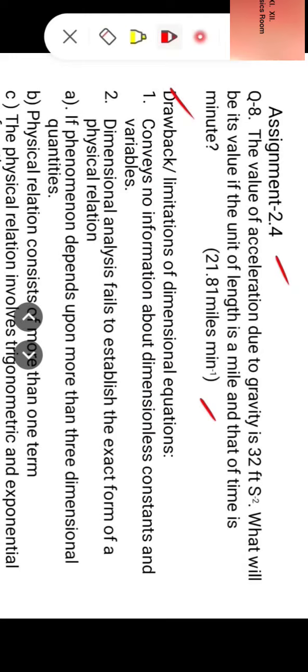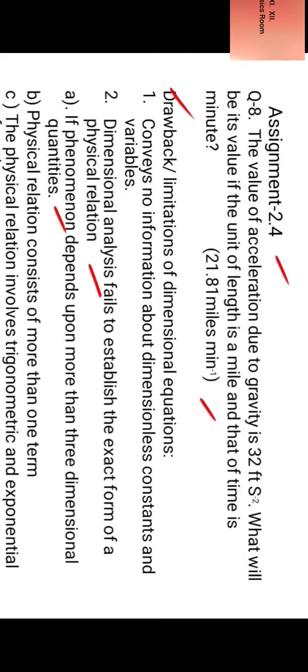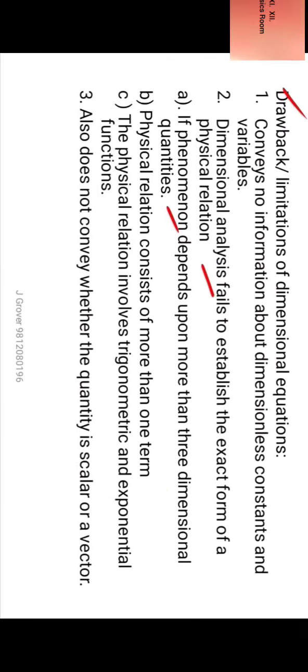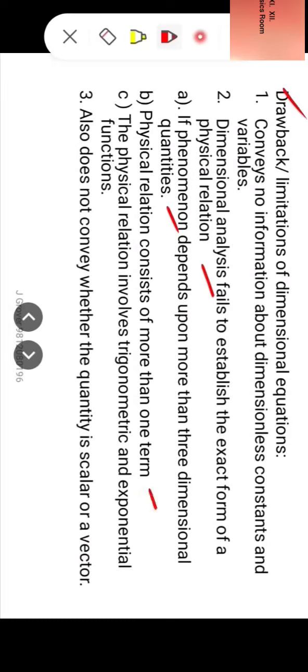Dimensional analysis fails to establish the exact form of a physical relation: A, if a phenomenon depends upon more than 3 dimensional quantities; B, if a physical relation consists of more than one term; C, if the physical relation involves trigonometric and exponential functions. Number 3. Dimensional equations also do not convey whether the quantity is a scalar or a vector quantity.